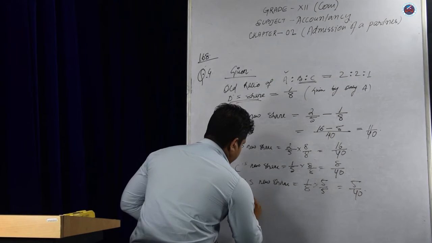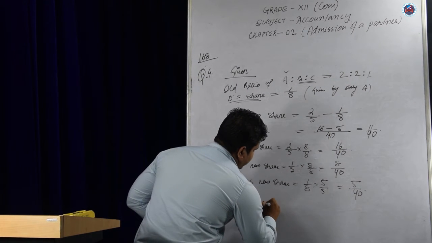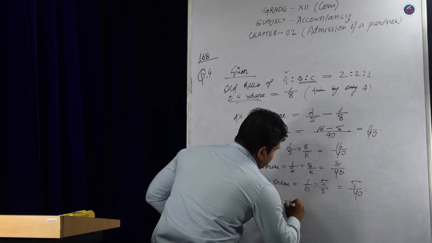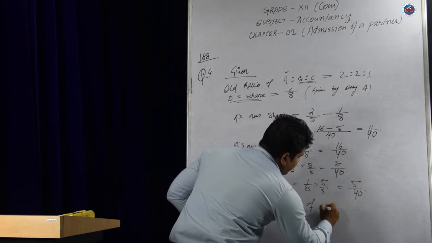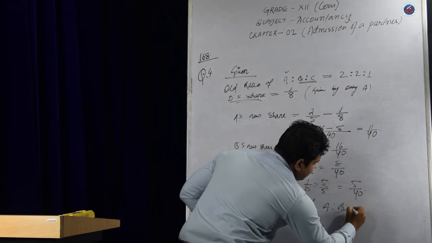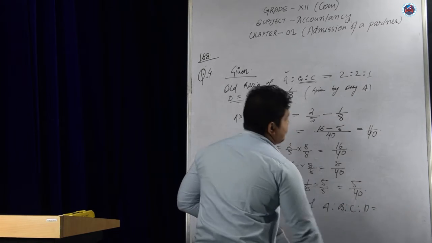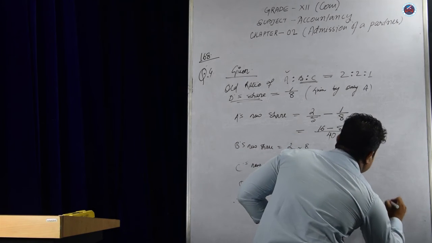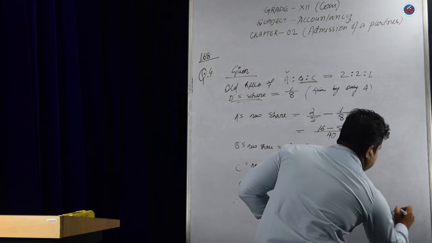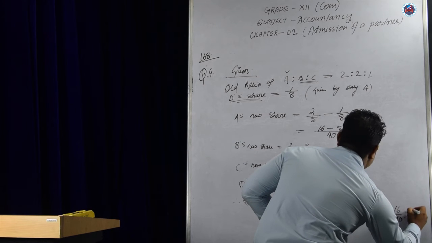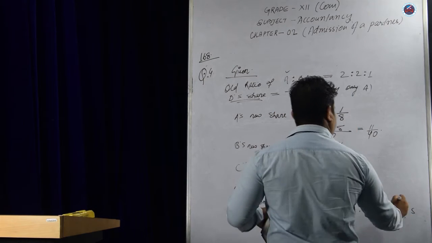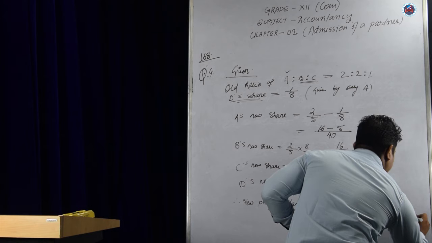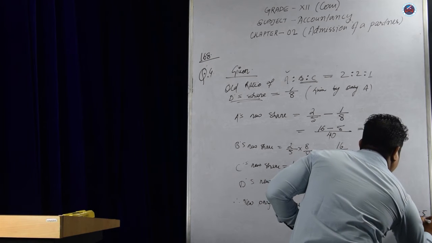Therefore, the new profit share of A is to B is to C is to D is equal to A: 11 by 40, B: 16 by 40, C: 8 by 40 and D: 5 by 40.